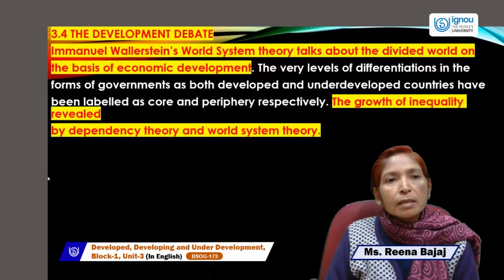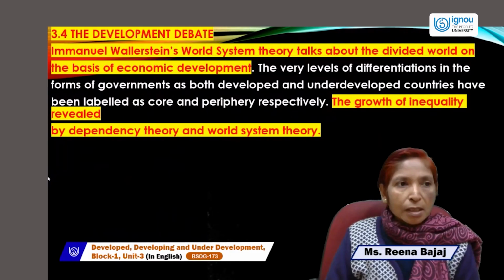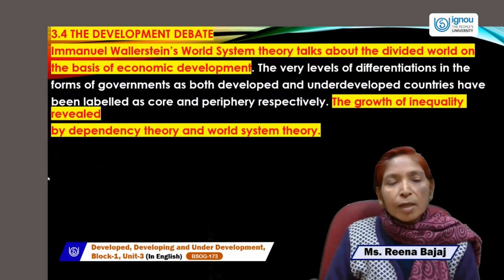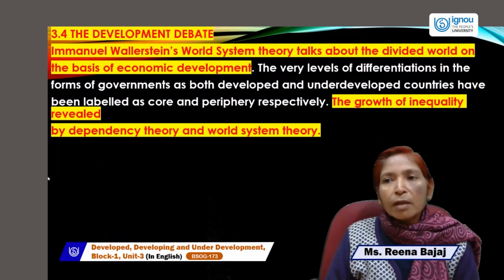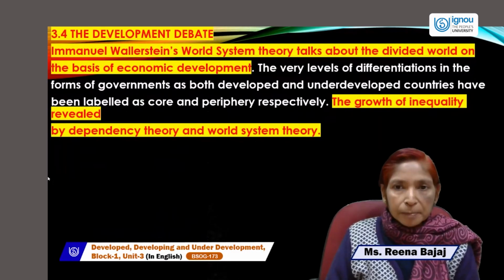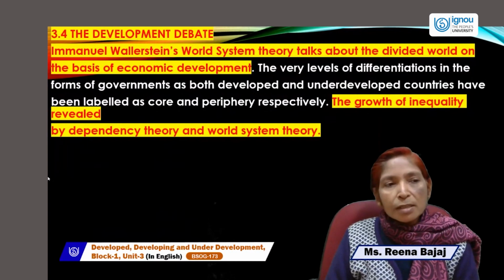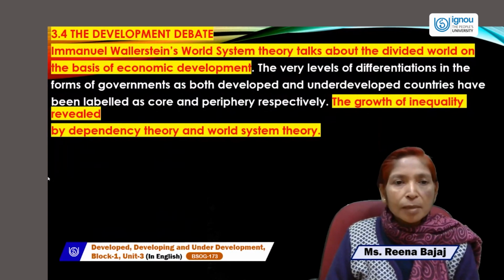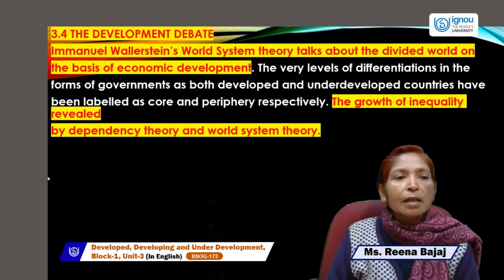The development debate. Now, what is the meaning of this development debate? Immanuel Wallerstein's world system theory talks about the divided world on the basis of economic development. The very levels of differentiation in the forms of government, as both developed and underdeveloped countries have been labeled as core and periphery.